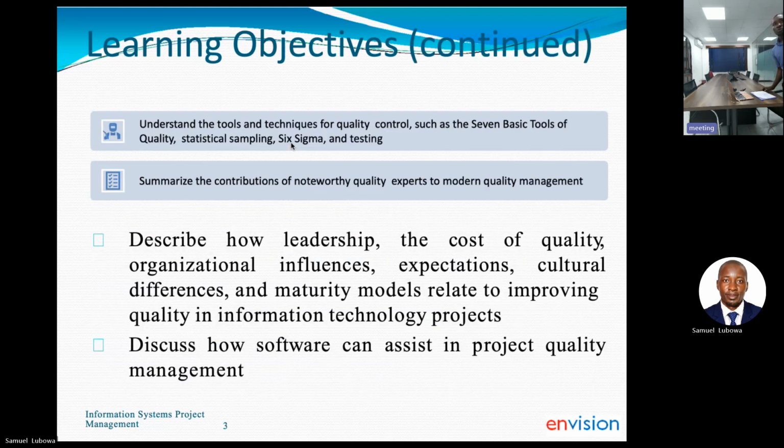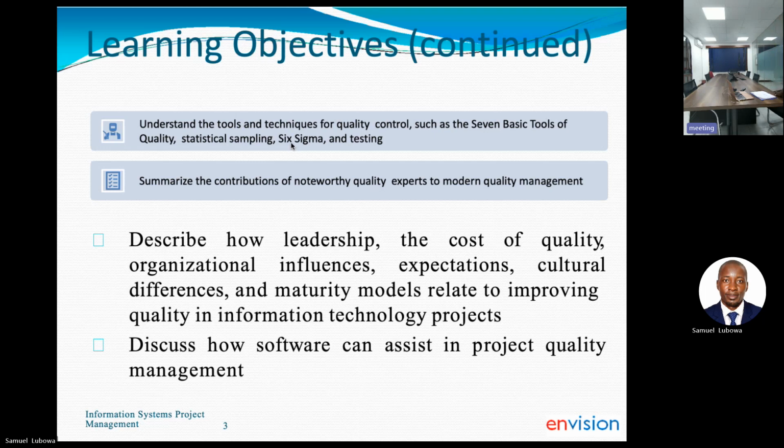And then we shall look at the tools and techniques for quality control. In this case, we shall be looking at tools like the seven basic tools of quality, statistical sampling, Six Sigma, as well as testing.